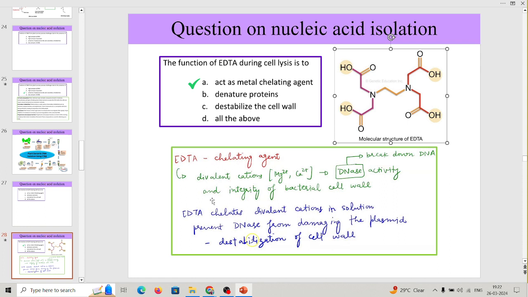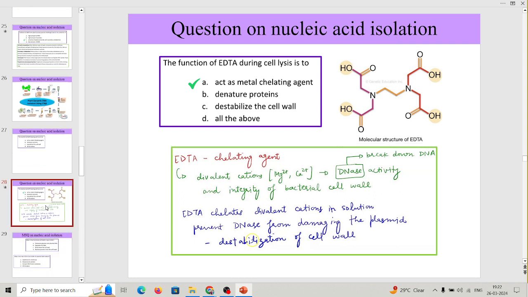And therefore EDTA chelates the divalent cations in solution and prevents the DNases from damaging the plasmid. Therefore it is also helping in destabilization of the cell wall. So it is actually doing both of these things, but the more appropriate answer would be acting as a metal chelating agent. Fine. Then we will go to the next question.